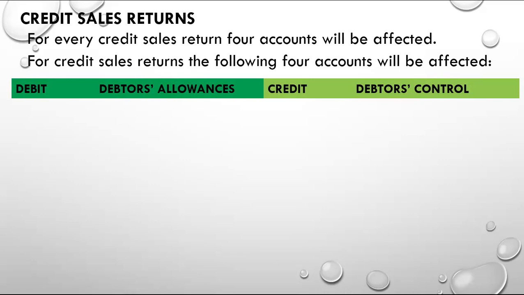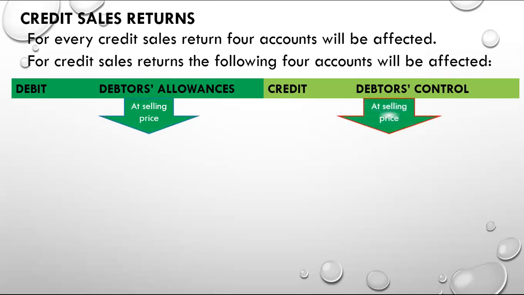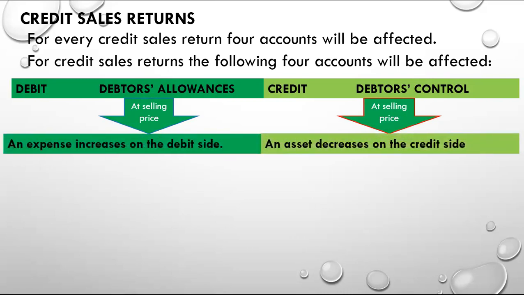And remember what I've said, the debtor will always owe us the selling price of goods we sold to them. That is why here, when they owe us less, they will owe us less of the selling price of goods we sold to them. Debtors allowances is debited because it's an expense. As I've said, it's a reduction of sales. Debtors control is just an asset going down because the debtor has returned goods, and as a result, they will owe us less.